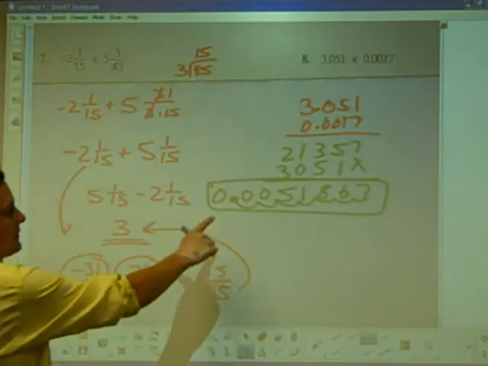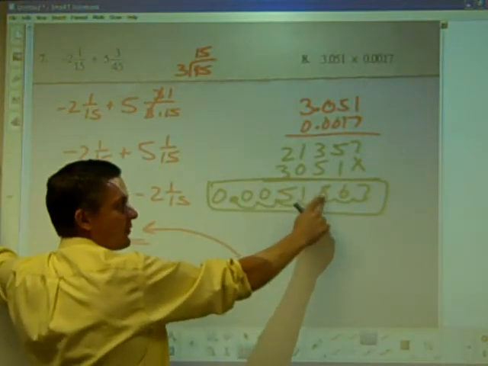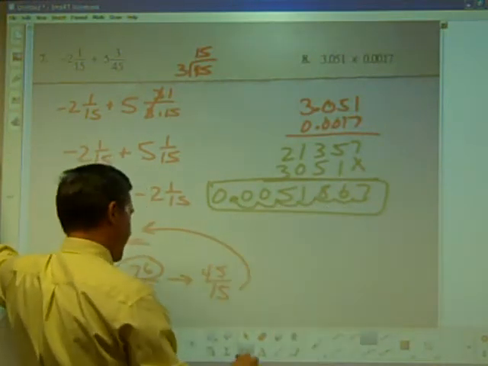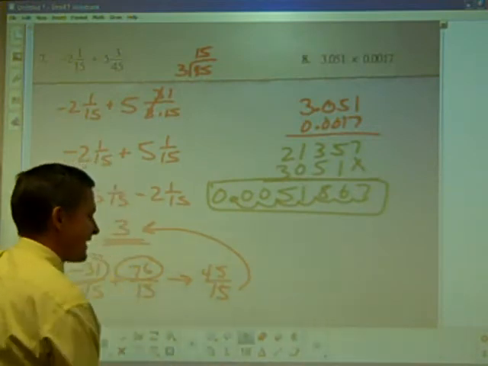So it's .0051867. Tenths, hundredths, thousandths, 10,000ths, 100,000ths, millionths. 51,867 millionths.